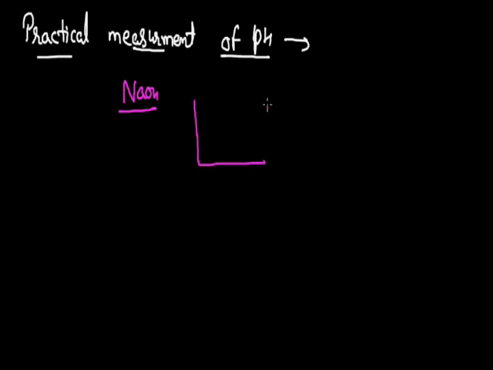So for those substances, the first thing you have to do is make an aqueous solution. Such as if I am to find the pH of sodium hydroxide, or if I have a soil sample, the first thing is to dissolve it in water. After making the aqueous solution, when we add a pH strip to this solution, the color of the pH strip will change according to the behavior of the solution.